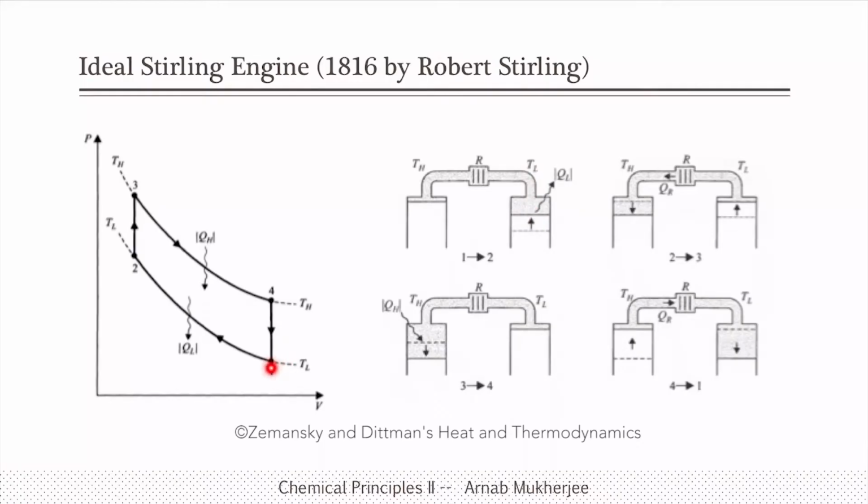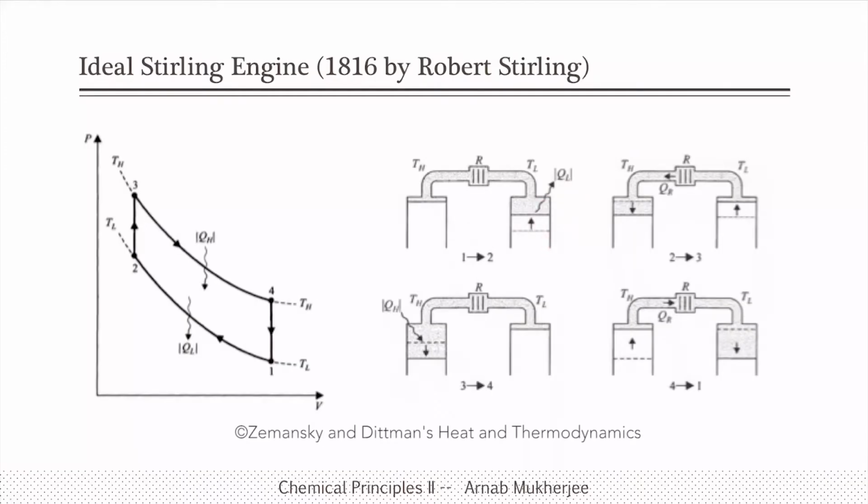It starts, let us say, at point 1, where there is a change in the volume of the right side piston. The gas here is hydrogen or helium. On the right side, first the compression happens, where the volume decreases in an isothermal manner from 1 to 2, as shown here, and during that process heat gets released out of the system.